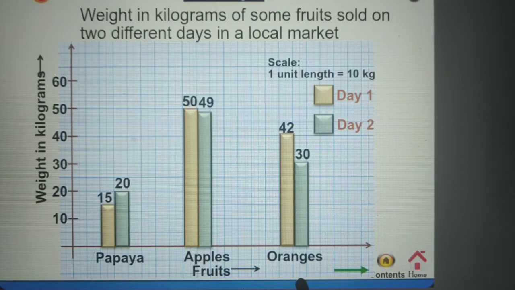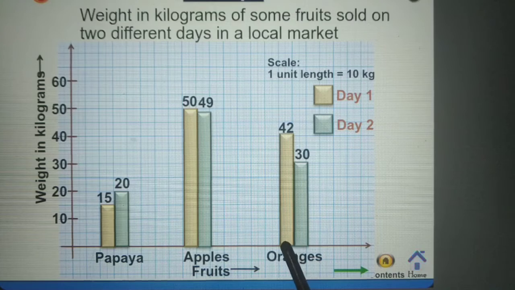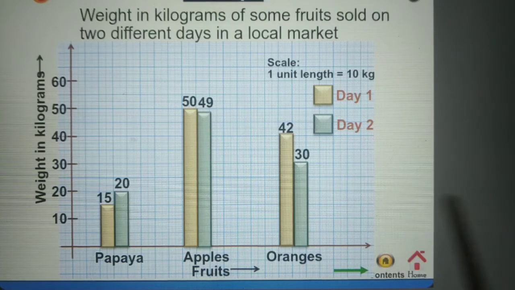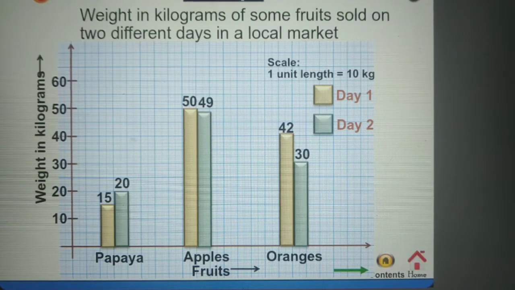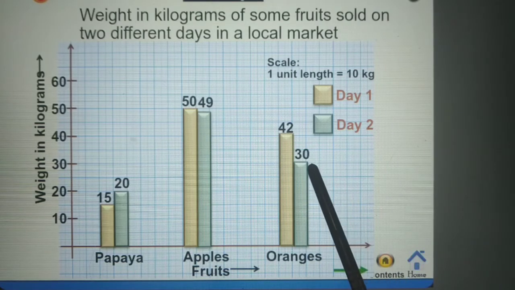Similarly, for oranges, on day 1, you can see this is the bar for day 1. When you draw this on the graph paper, you must equally distribute everything on the graph paper. For day 1, 42 kg were sold for oranges and 30 kg were sold on the second day.